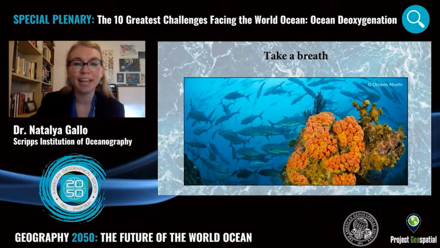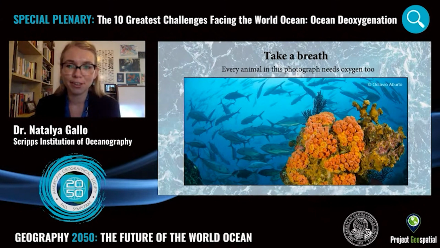But like you, every animal in this photograph is also breathing, though the mechanisms look a bit different from the way in which we breathe. Every fish, coral, and anemone that you see here is extracting a dissolved form of oxygen from the surrounding seawater. And just like us, every animal in this picture has certain oxygen requirements that must be met so that it can be healthy and live in this habitat.